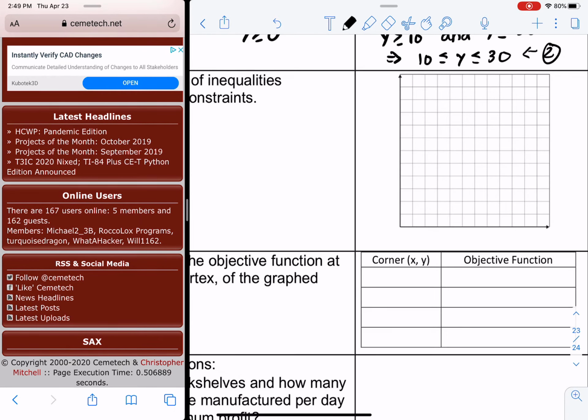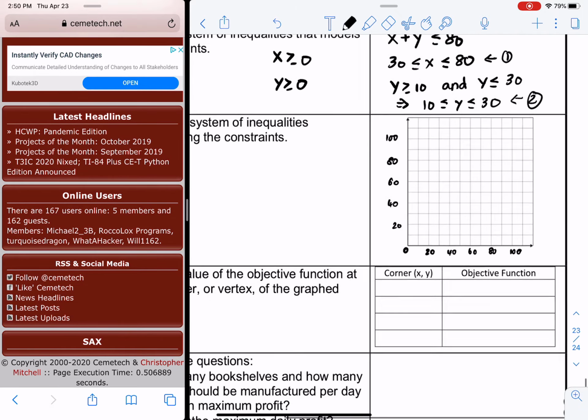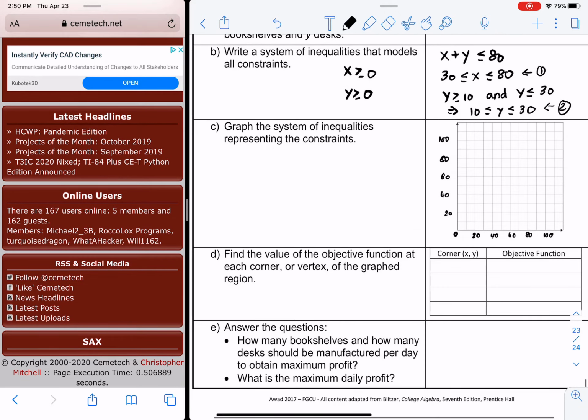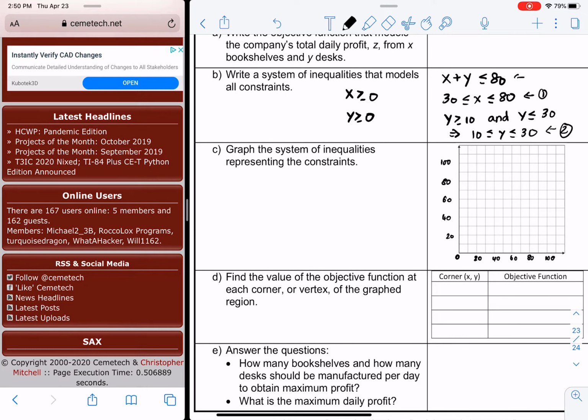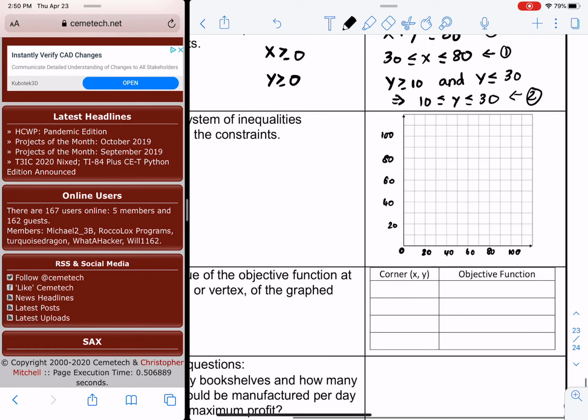So that is the first quadrant. I'm going to have 0, 20, 40, 60, 80, 100 on each axis. And the first constraint is x plus y less than or equal to 80. So that would be a third constraint. The first one is 30 less than or equal to x less than or equal to 80.